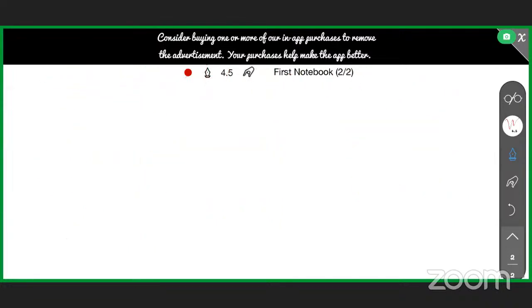Next question. The point (3, 2) undergoes the following transformations. First one, reflection about the line y is equal to x.